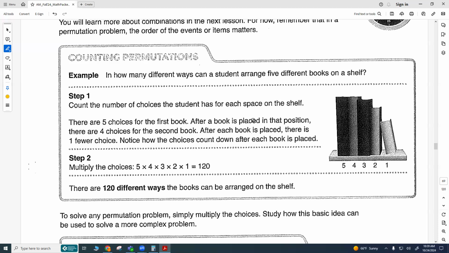Anyone else in the class need, do you need a copy of this? Make a copy of it?